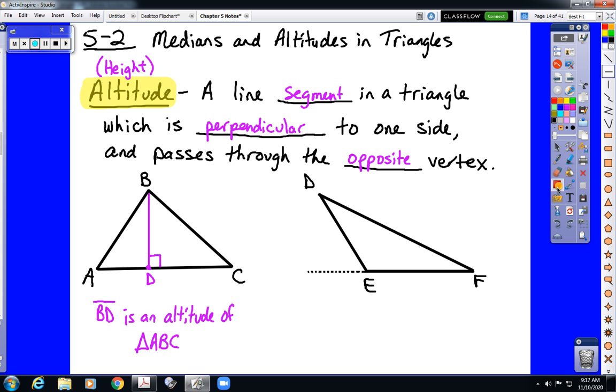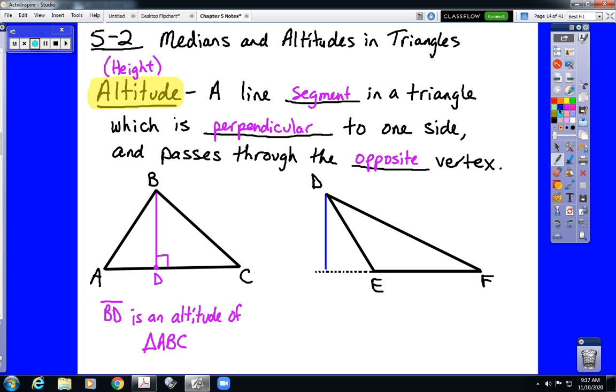And if we look, the altitude from D down to side EF is actually outside of the triangle. It's nice of my pen to screw up on me there. Okay, here we go. Okay, that line segment is not inside of the triangle. It is outside of the triangle.